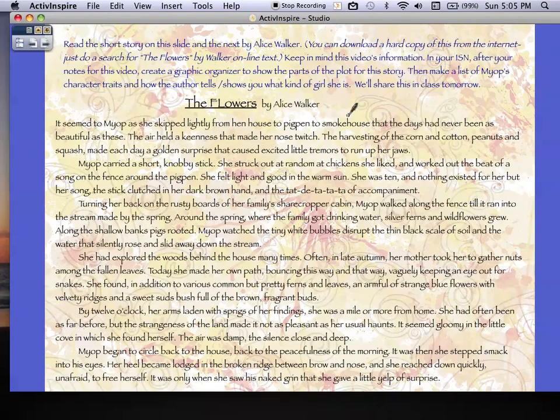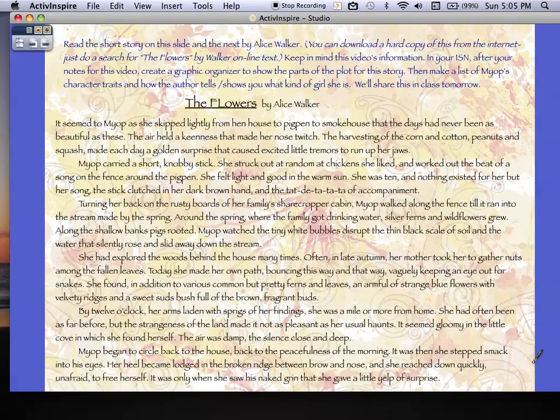It seemed to Myop, as she skipped lightly from the hen house to the pig pen to the smokehouse, that the days had never been as beautiful as these. The air held a keenness that made her nose twitch. The harvesting of the cotton and the corn, the peanuts and the squash made each day a golden surprise that caused excited little tremors to run up her jaws.